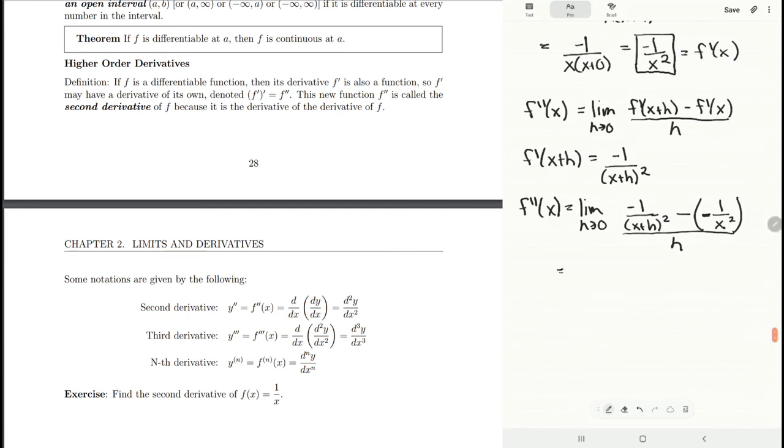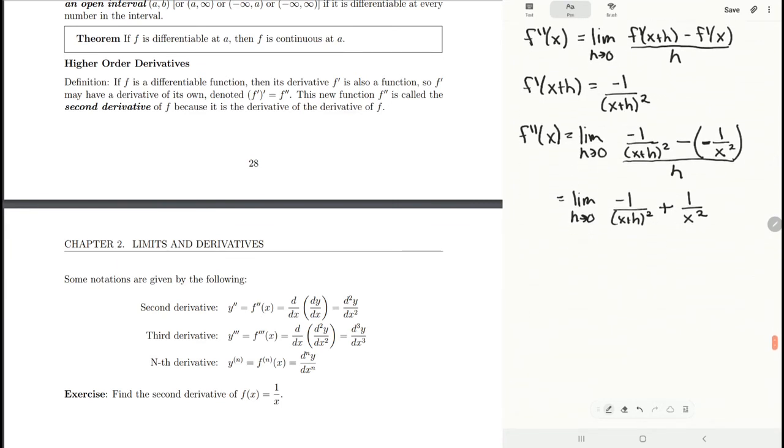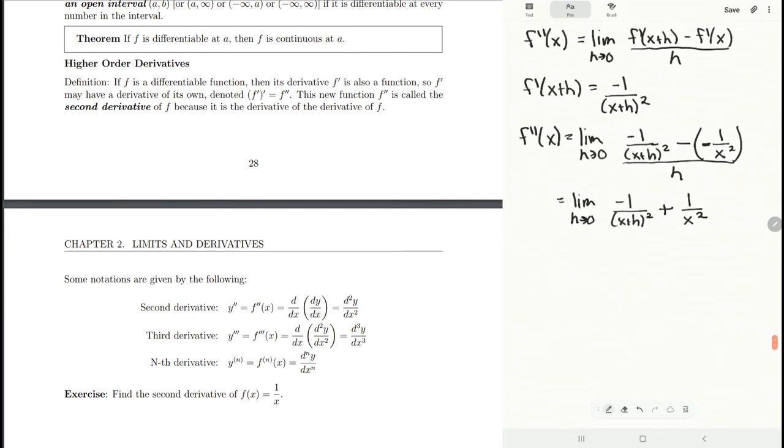So now let's simplify. We can write this as the limit as h goes to 0 of negative 1 over (x plus h) squared. We have a double negative, which will change this to a plus 1 over x squared. And this is all divided by h.